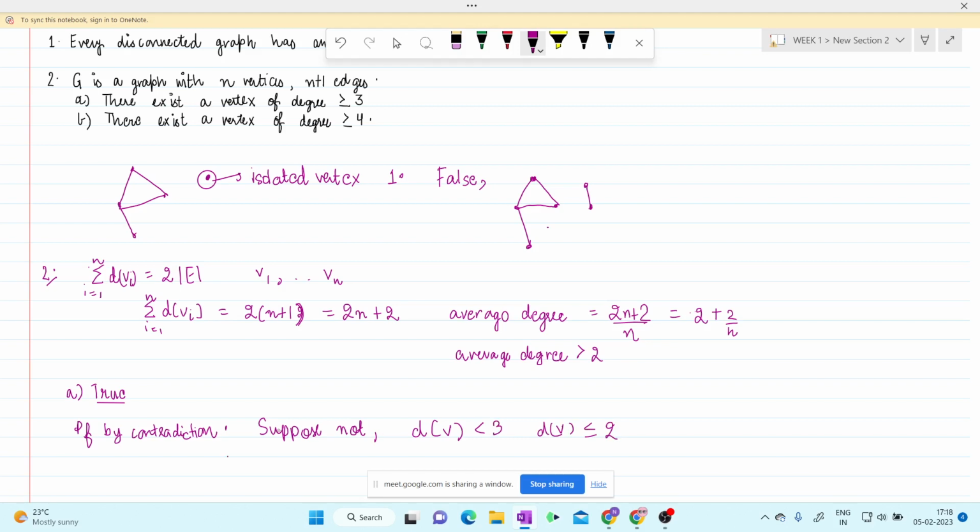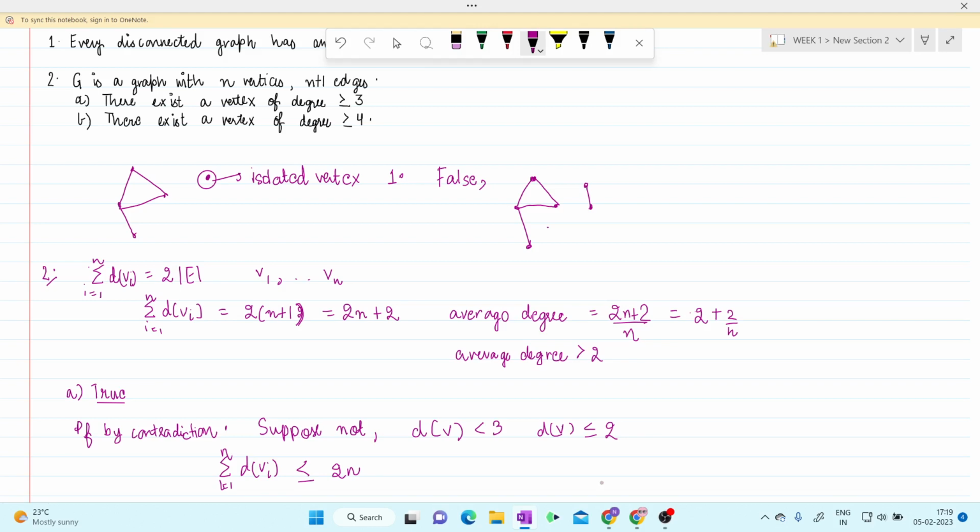Now if we sum the degrees, we see that this will be less than or equal to 2n, right? Because we have n vertices and we are assuming that each degree is less than or equal to 2.